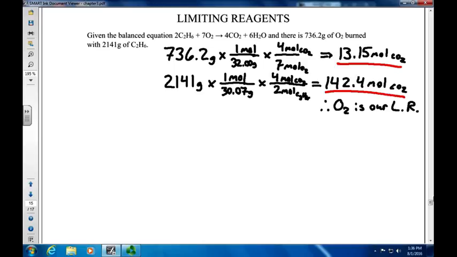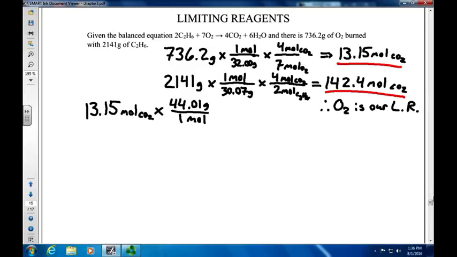So let's say from here you want to find out how much CO2 is formed in its mass. All you'd have to do is take 13.15, that's for this whole equation. This whole equation is only going to make 13.15 moles of CO2 given the mass of oxygen. And you just simply multiply it by its molar mass, which CO2's molar mass is 44.01 grams per mole.